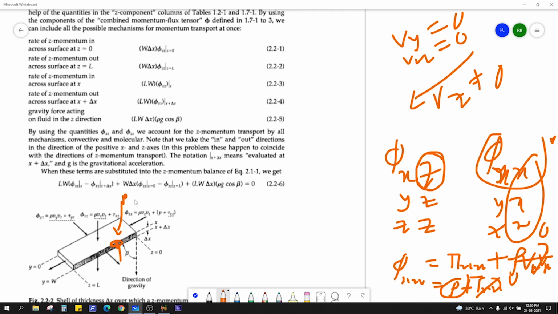So P is only a function of x direction. Even if only this term is here, then in minus out it will become 0. In this case, pressure is a function of x.